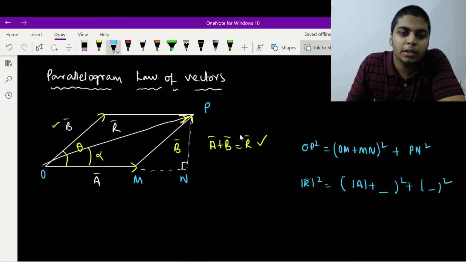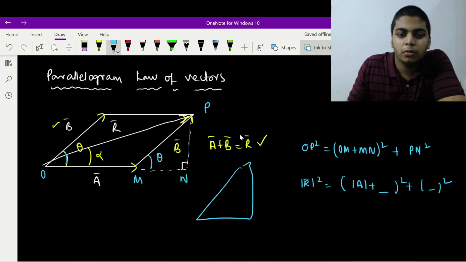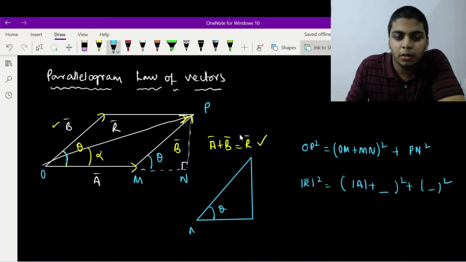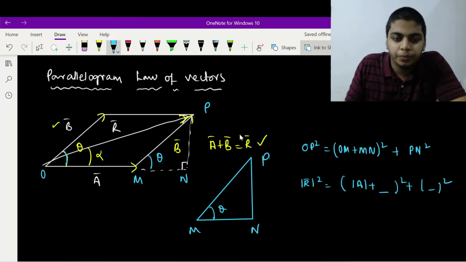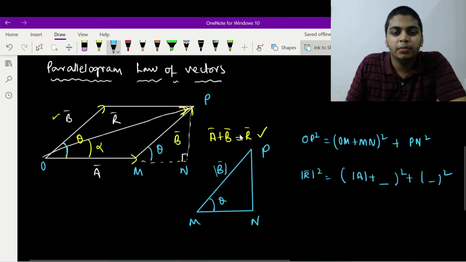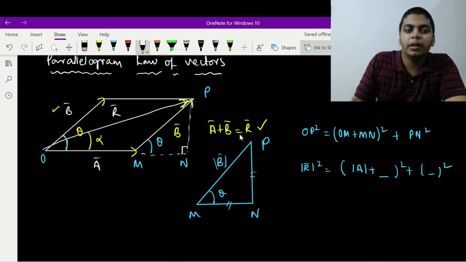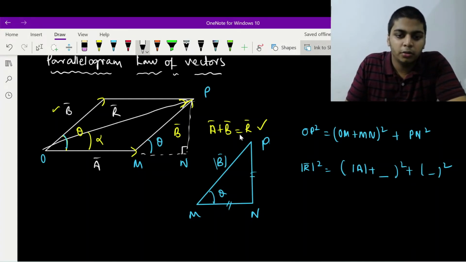Okay, so let us consider this triangle. If this is theta, then this also will be your theta, right? So if this is your theta, this is your M, and this is your P, and in the diagram you can say this is mod B bar. From simple trigonometry, let us relate MN and PN to mod B. So your MN is related to mod B with the trigonometric ratio cos, right?